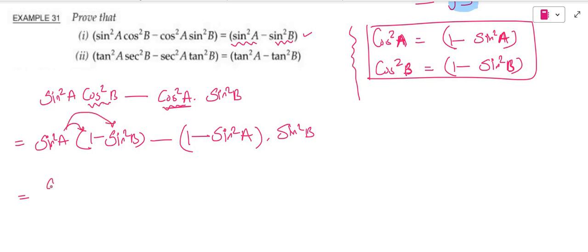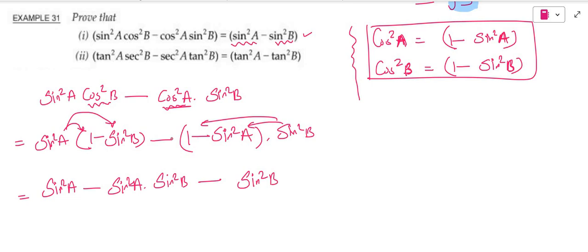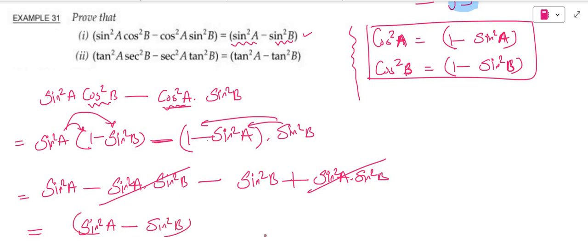So this is sin square A minus sin square A sin square B, minus, this is multiplied inside, sin square B, and this minus will become plus sin square A into sin square B. Why will this become plus? Because of the minus in front. Now I think this and this will cancel. So what I am getting is sin square A minus sin square B. Hence proved. It was easy. Now we will do the B part.